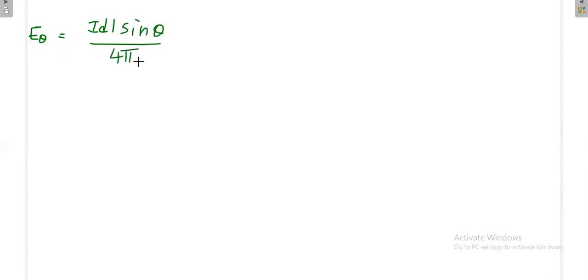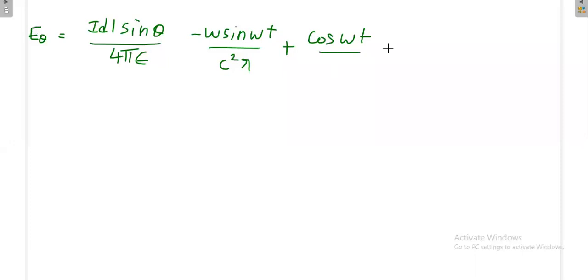As it is electric field, it depends on epsilon. Anyway, I dl sin theta is the source. Then minus omega sin omega t divided by c square r, plus cos omega t divided by r square c, plus sin omega t divided by omega r cube.